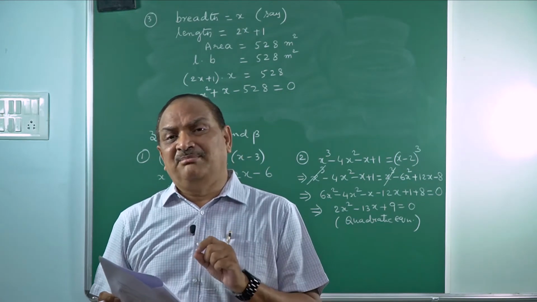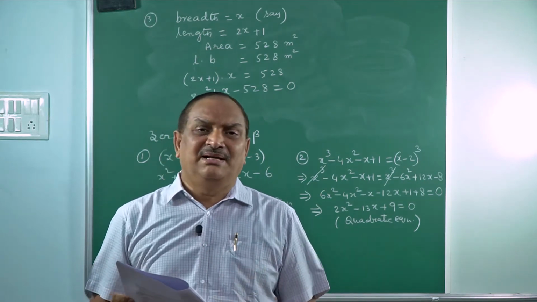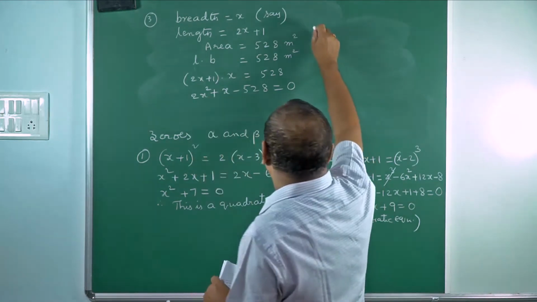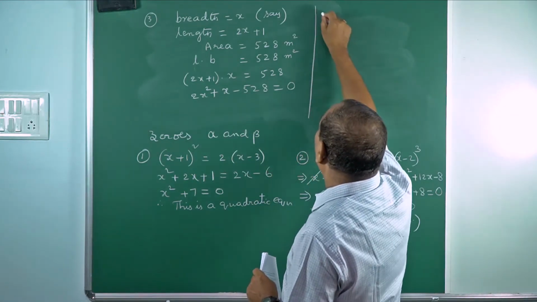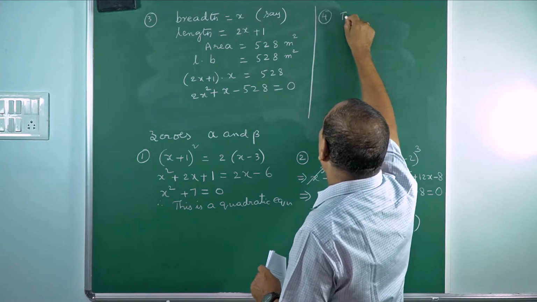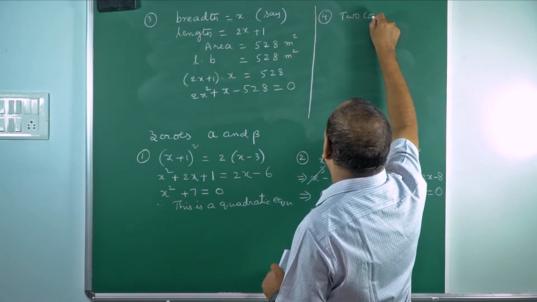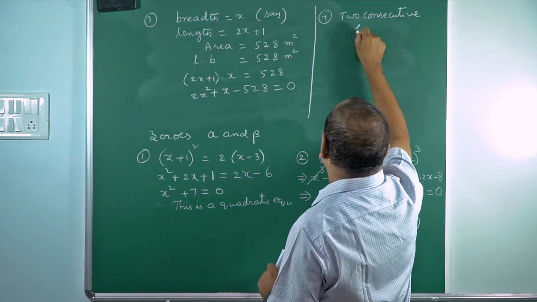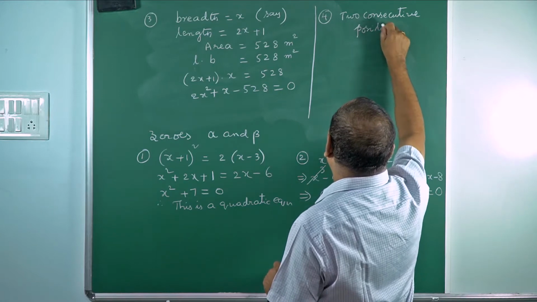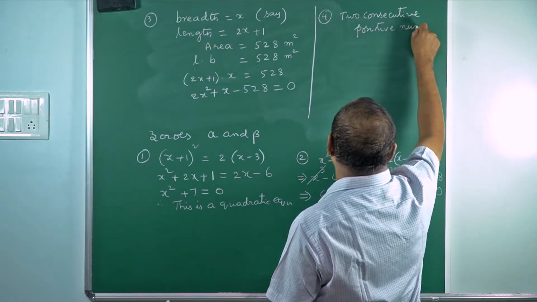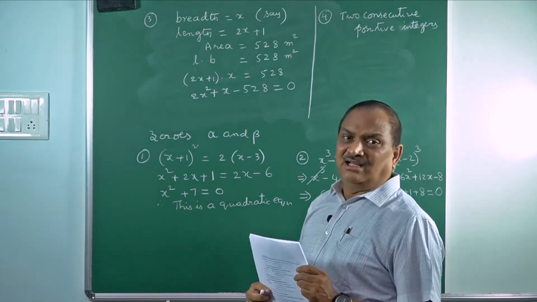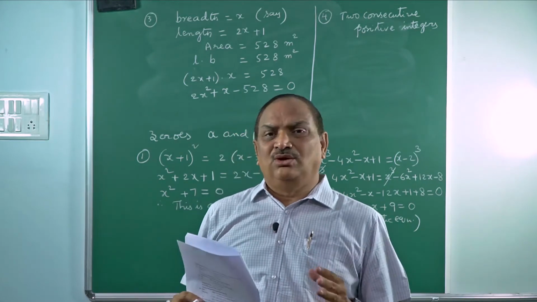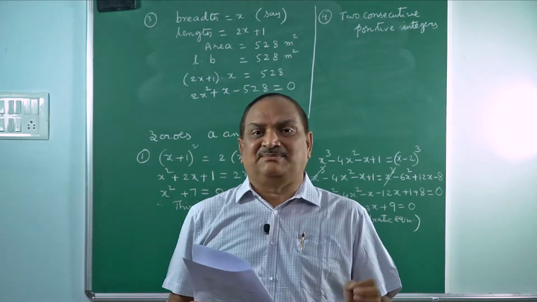So if you have any positive integer x, the immediate positive integer is one more than that. Whenever you are given that the numbers are two consecutive positive integers, it is easy for you to assume them as x and x plus 1.